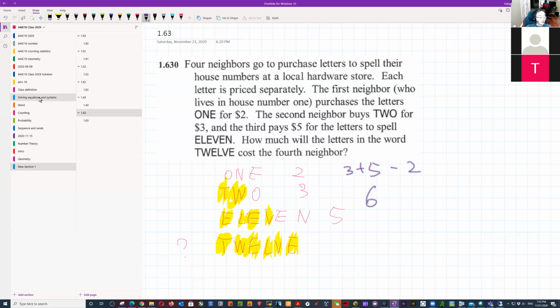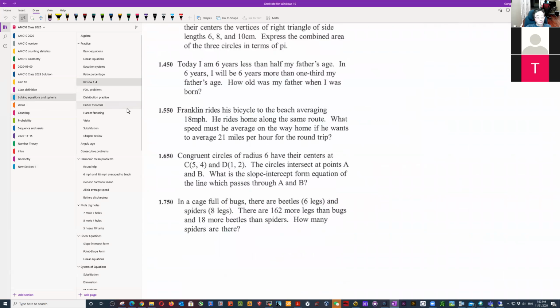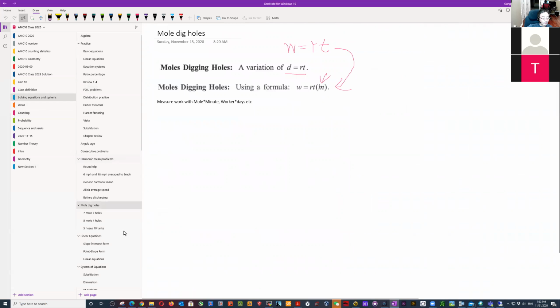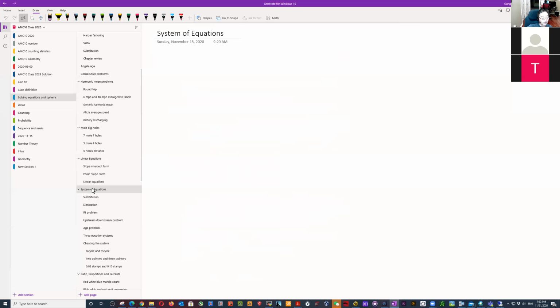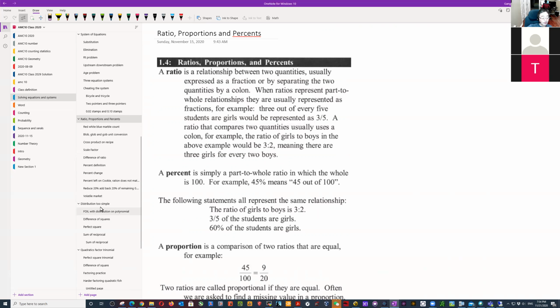So let's get started. So the last time, we already did harmonic mean, linear equations, system of equations, ratio.